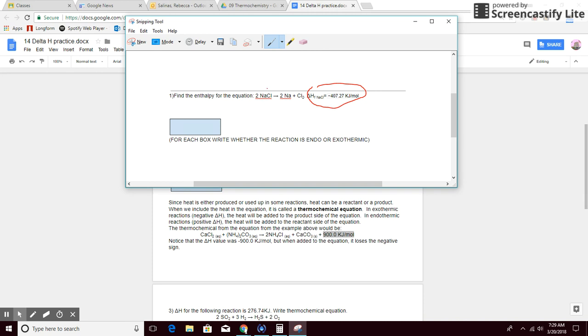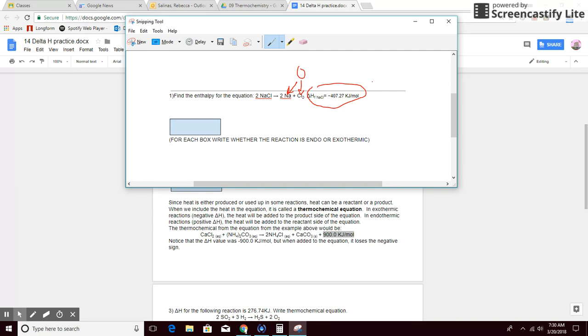It doesn't tell me anything about sodium and chlorine. But I know that those are going to be 0 because these are elements, right? Sodium is just an element. It's only one thing on the periodic table. Same thing with Cl2. Both of those will have a heat of formation of 0.